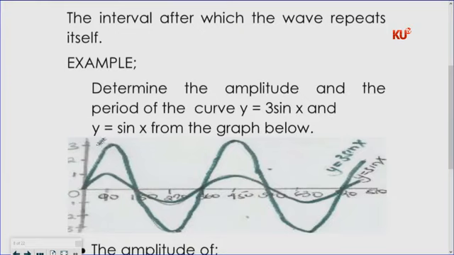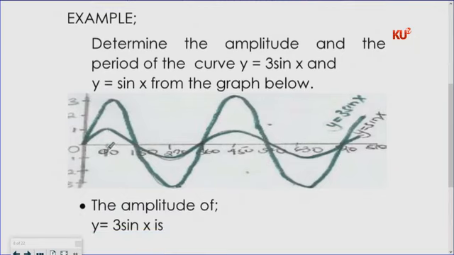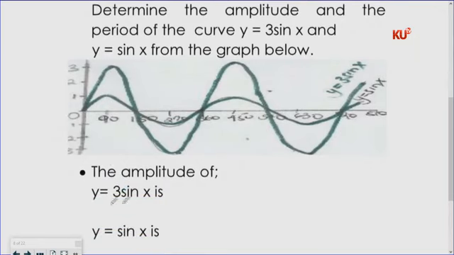That is the farthest that this wave has gone above the x-axis. So we shall say the amplitude of y is equal to 3 sine x is 3. That is the answer for the amplitude. Let's look at the amplitude of the second wave, this one here. Just follow this wave.